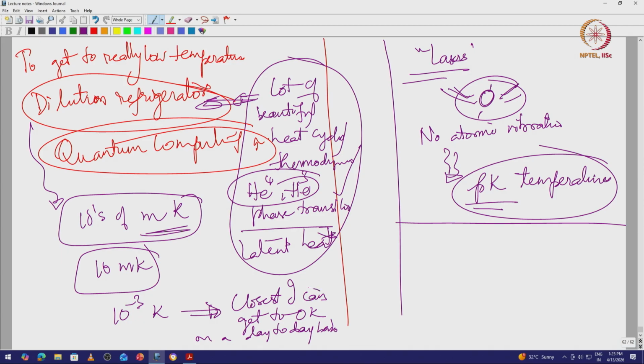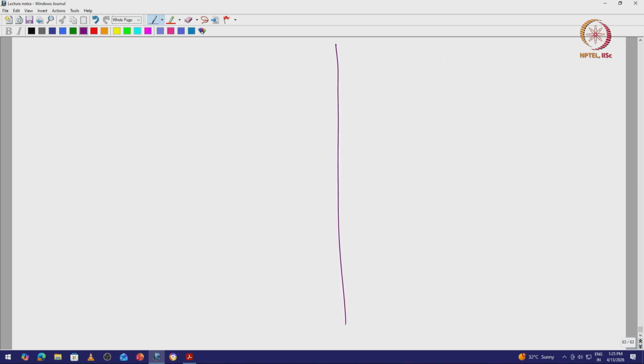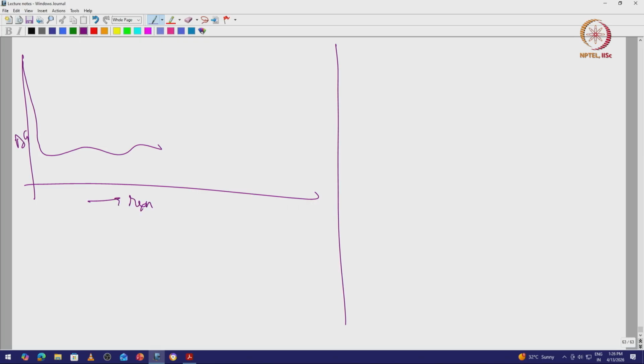So on a day to day basis, nowadays you can use a dilution fridge and get to 10⁻³ Kelvin. Now, in all these disordered materials, if I have residual entropy, what am I saying? I am saying that this material can take several states along a reaction coordinate, like what we had earlier as a function of reaction coordinate. One of the models I can propose is as follows: this material can take several states, 1, 2, 3, 4, 5, and these several states give it some residual entropy.